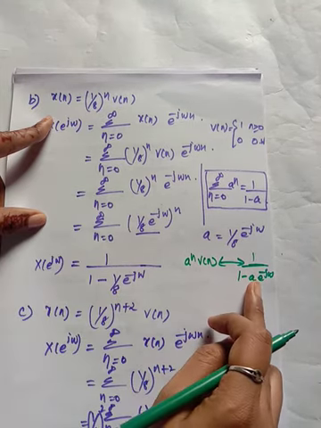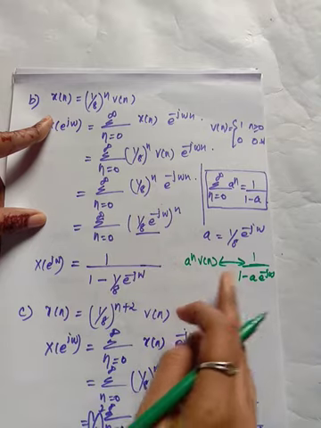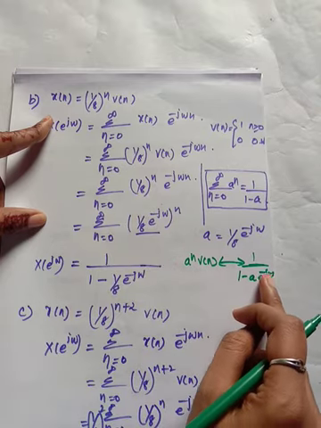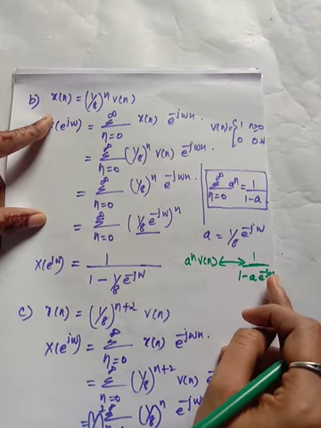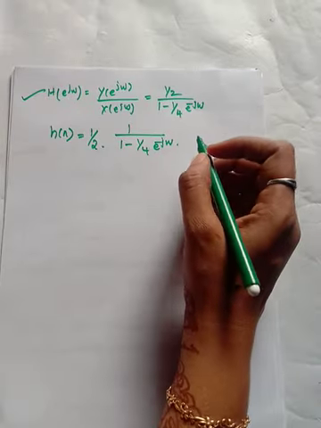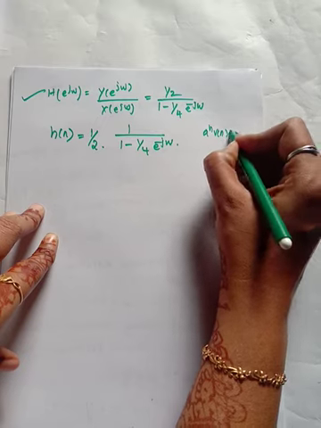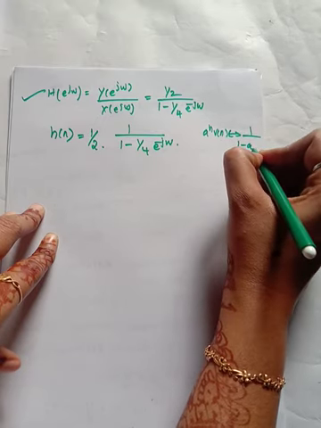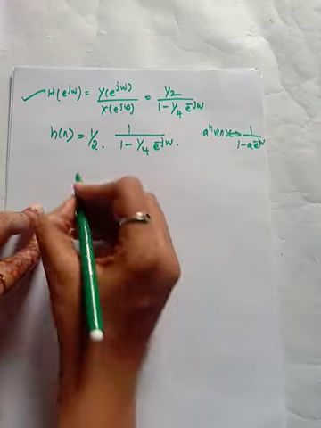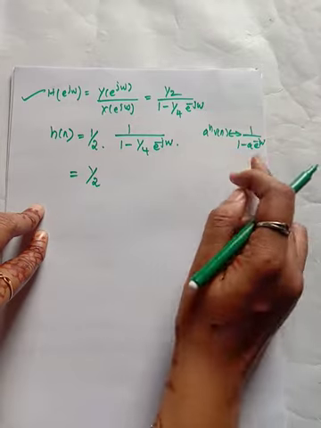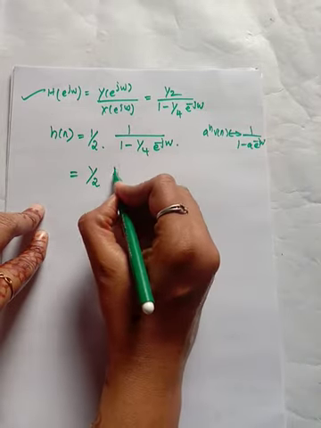So using this formula, a power n u of n has DTFT 1 divided by 1 minus a e power minus j omega. Here, instead of a, I am having 1 by 4.